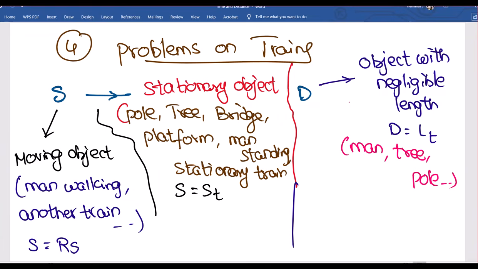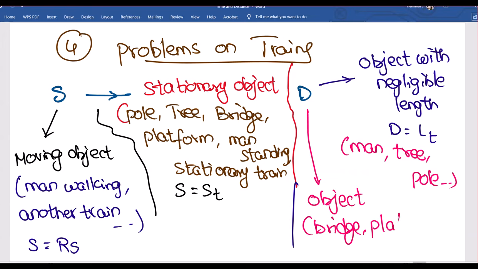Okay, in this case, now train crossing an object, here the length is considerable. Which object? A bridge, or a platform, or it is crossing another train. Another train is not negligible compared to this train, no? So in these cases, what is the distance, my dear?